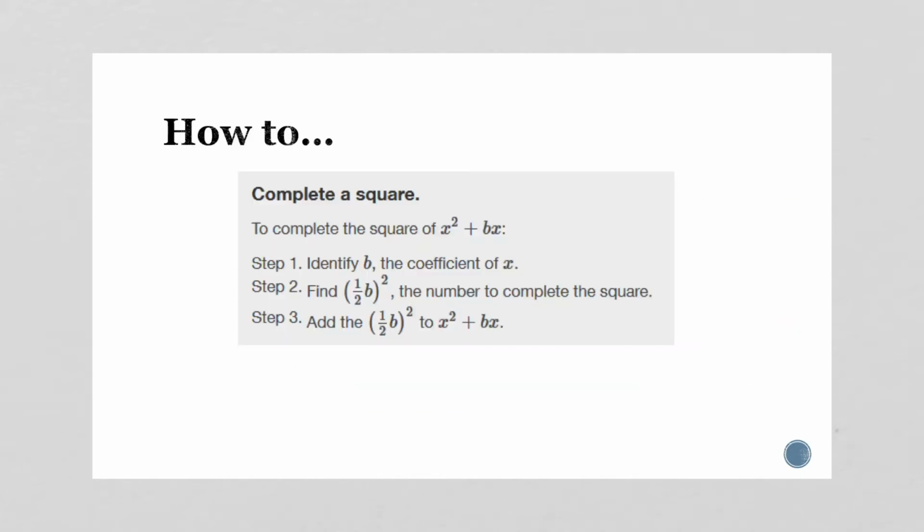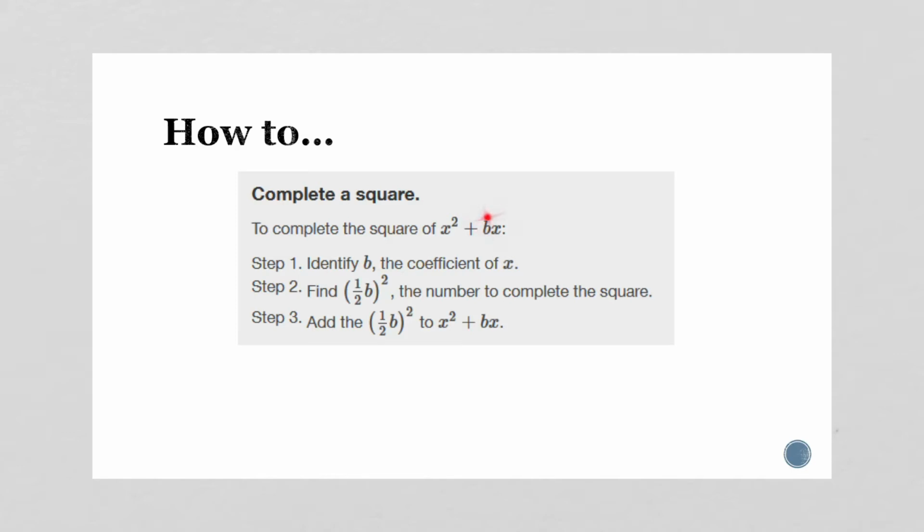Okay, so I want you to read through this page, but it's really not going to make sense right now. We are going to look at something that has an x squared term plus some number times x. It says identify your b, which is the term in front of the x term, and find half of that.